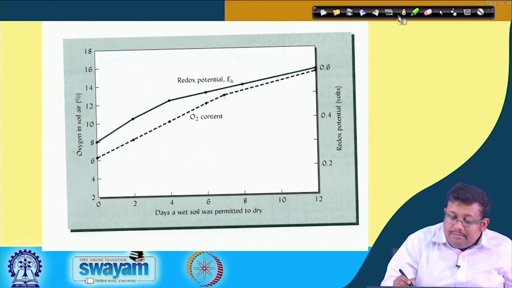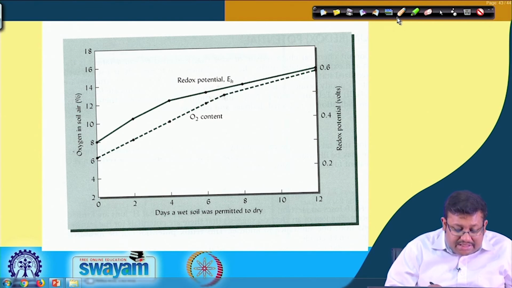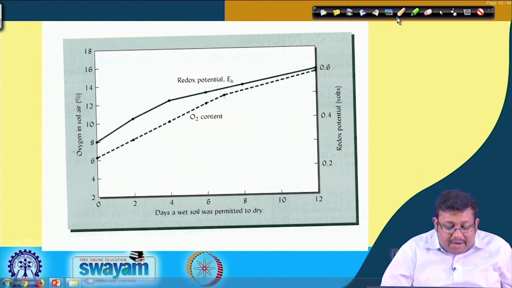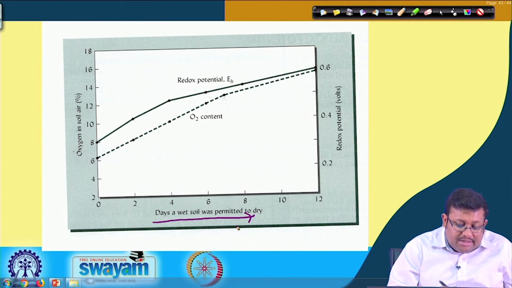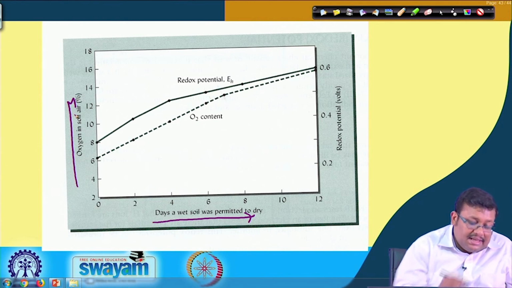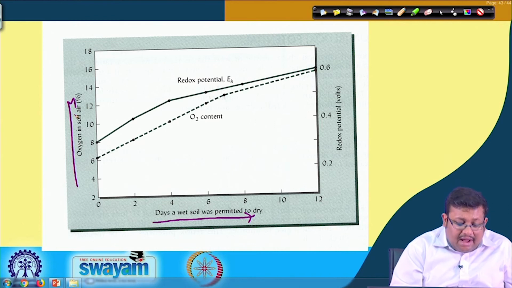This slide basically shows the relationship between the days a wet soil is permitted to dry and the oxidized soil layer. As you can see, after a wet soil, that is a saturated soil, we allow it to dry.